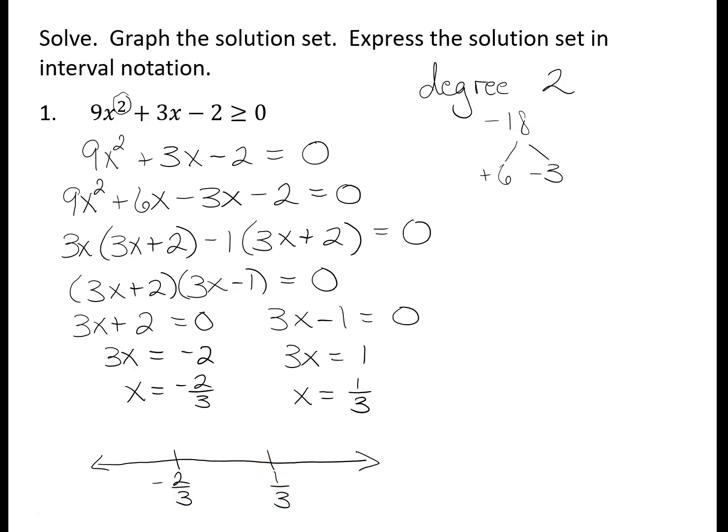So we have divided the number line into 3 intervals. We have this interval on the left, this interval in between our 2 solutions, and then an interval on the right. So 3 intervals. Now step 4 says, test a value in each interval to determine true or false. So we're going to need some more space here.